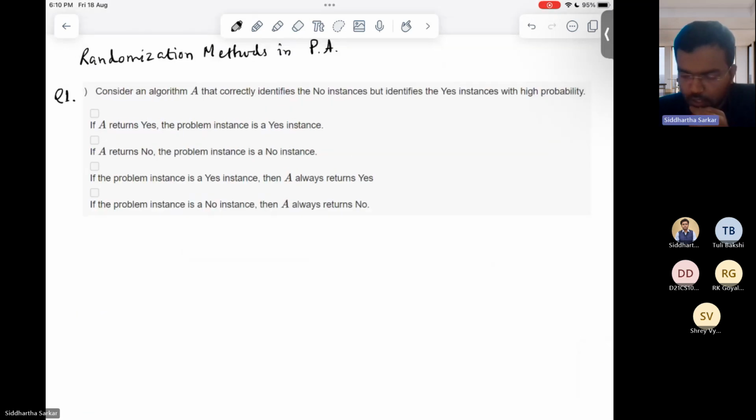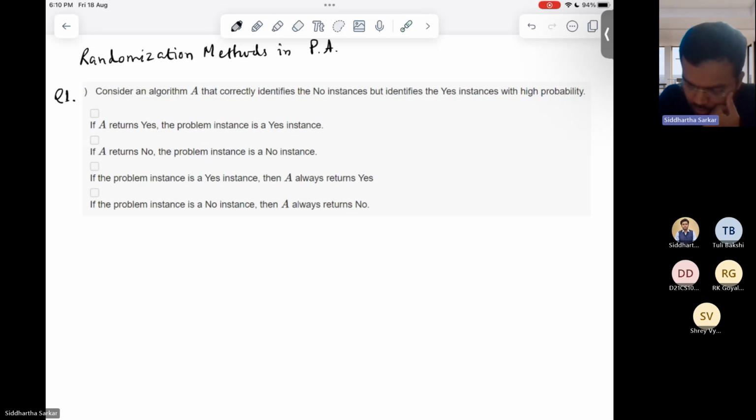Consider an algorithm A that correctly identifies the no instances, but identifies the yes instances with high probability. So what does the algorithm do?